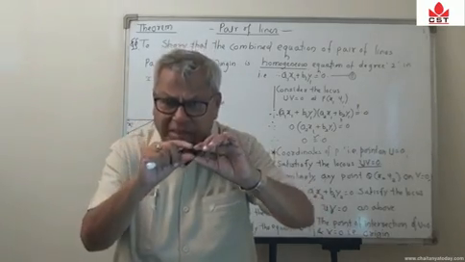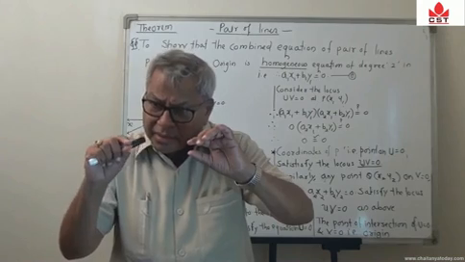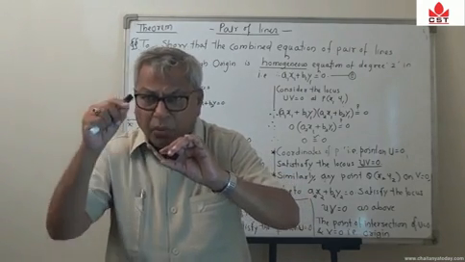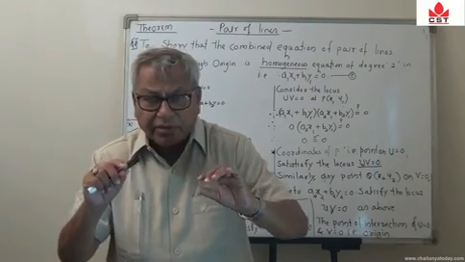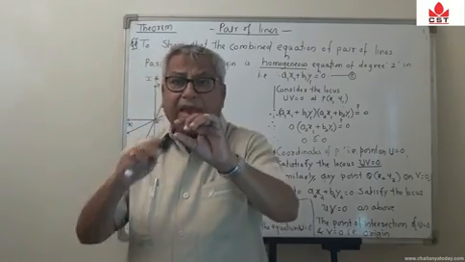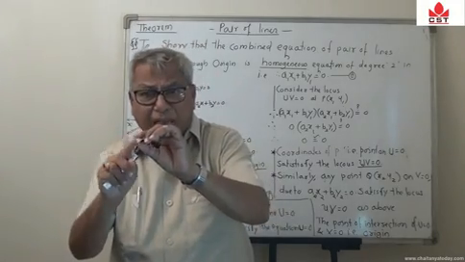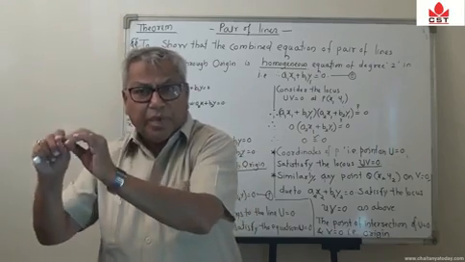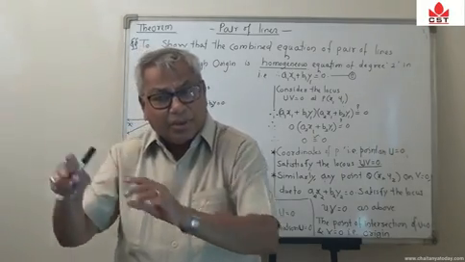For example, x plus y is equal to 5. What is the degree of x? 1. What is the degree of y? 1. It is degree 1. That is, ax square, degree 2; 2hxy, x is 1, y is 1, 1 plus 1, 2; by square, 2.